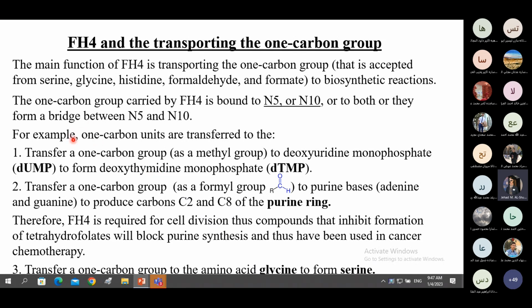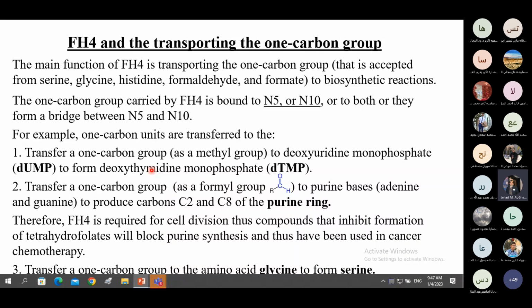This is why FH4 donates a methyl group to deoxyuridine monophosphate, the nitrogen base in RNA, thus converting it to deoxythymidine monophosphate, a nitrogen base in the DNA. This is why this step is very, very important.